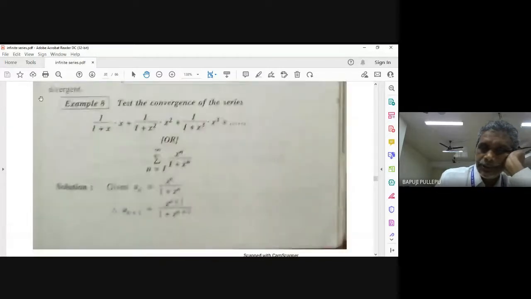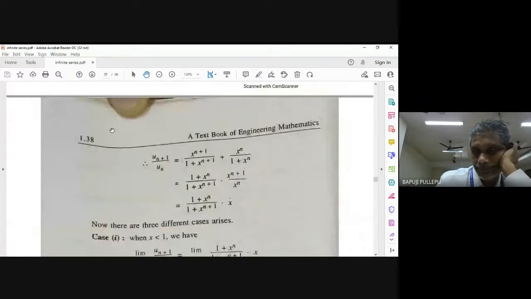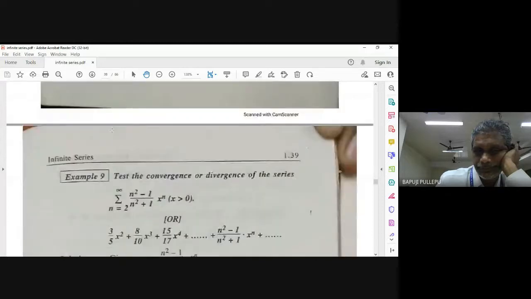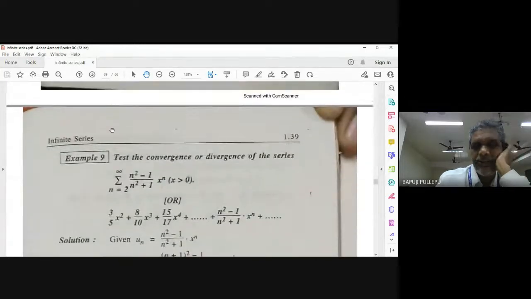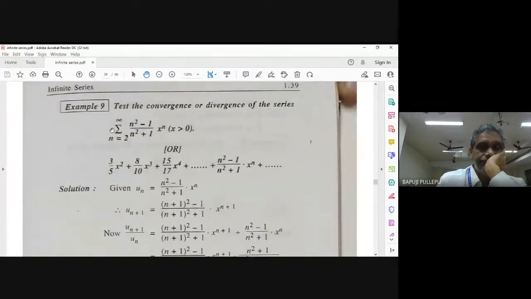This problem also you can upload in this GCR. First, second problems, 5 and 8, just check. This 9 also. 5, 9, 8, 9, you can upload in this GCR. D'Alembert's test.